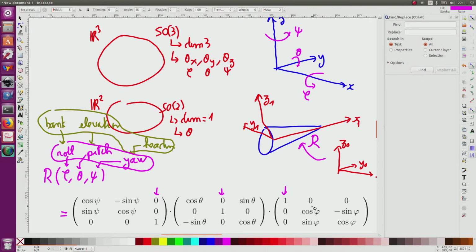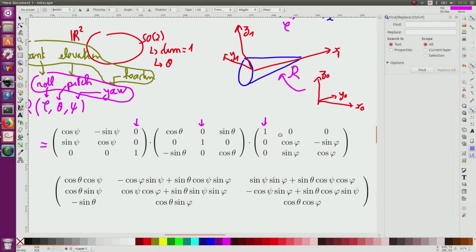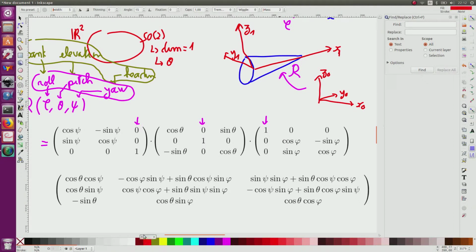Now, if I multiply these three matrices, I will obtain this matrix. This matrix is a rotation matrix, the Euler matrix, equal to this one. Here, this one corresponds to the vector i1, j1, and k1.